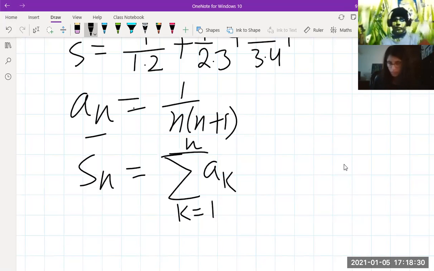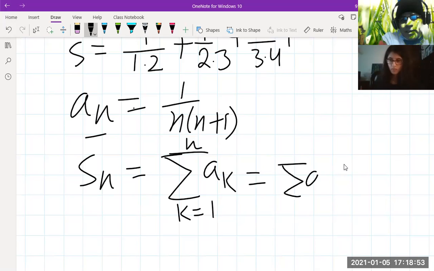Sigma is the notation used for summation, sum of a certain number of terms. So we are taking the sum from term 1, from k equals to 1 to n. Or simply you can write sigma an, n equals to 1 to n.